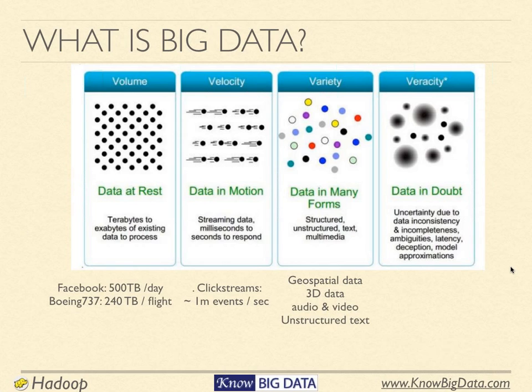Now you can install these computers locally in your garage, in your own data center, or you can put these computers at somebody else's data center. When you put it on somebody else's data center, we call it cloud computing.